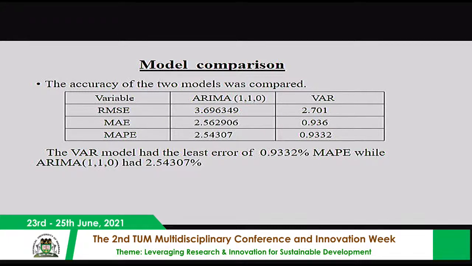The mean absolute error for ARIMA 110 was 2.562906, while for the VAR it was 0.936, and the mean absolute percentage error for the ARIMA 110 was 2.54307, and for the VAR was 0.9332. Therefore, among the two models, VAR had the least error of 0.9332, while the ARIMA 110 was 2.54307.